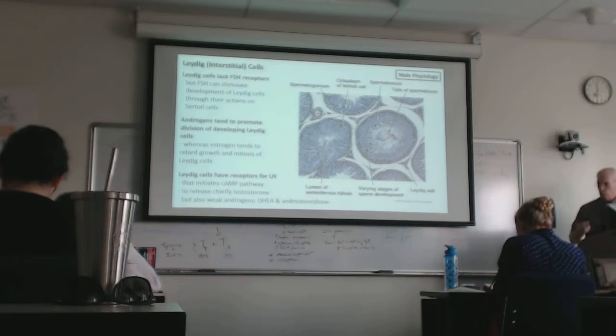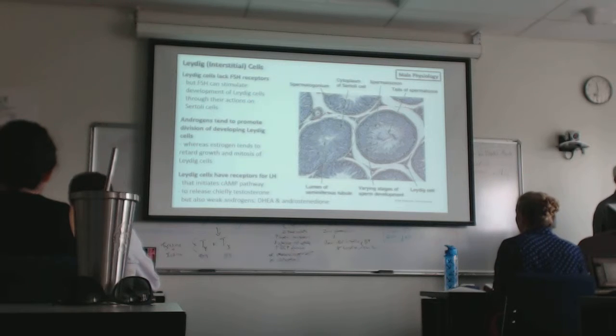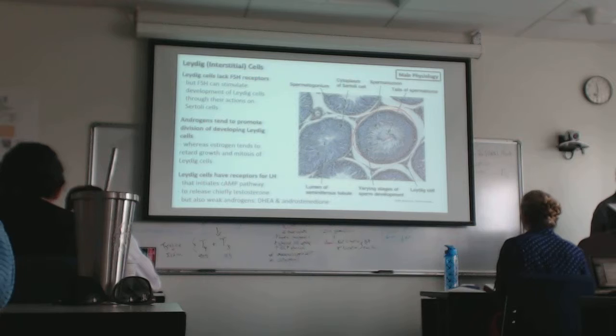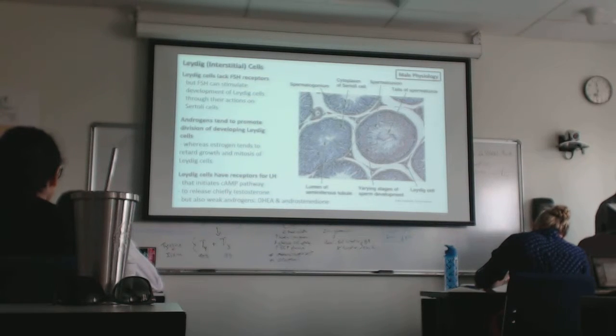So we've talked about, George was talking about the function of the Leydig cells. Now, we're looking at the seminiferous tubule. So this thing here would be a seminiferous tubule. This is a fixed specimen, so it's not going to be very realistic. But beyond that seminiferous tubule, we can see the light-colored Sertoli cells in there. We can see the spermatocytes.